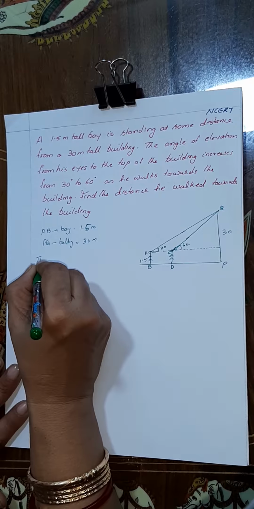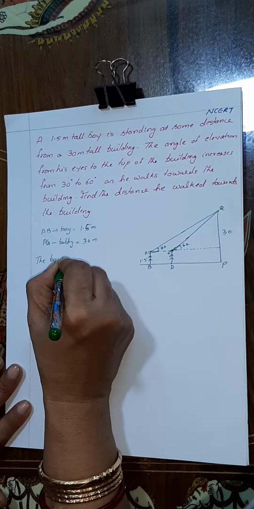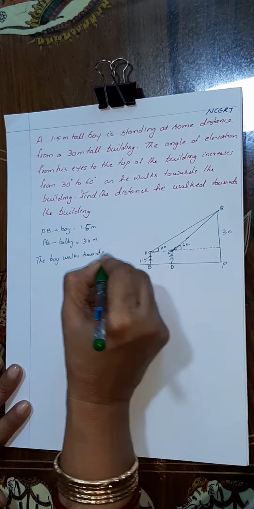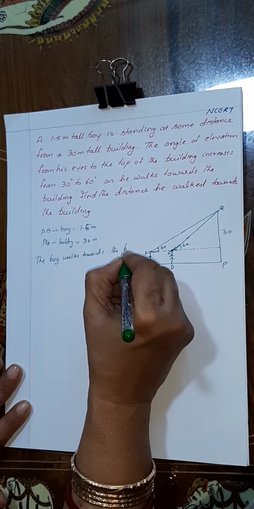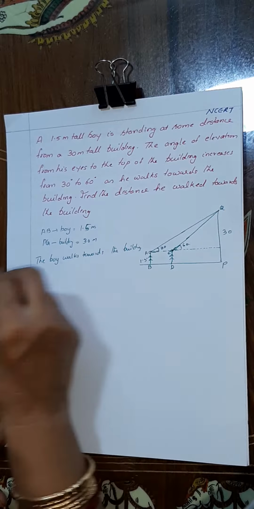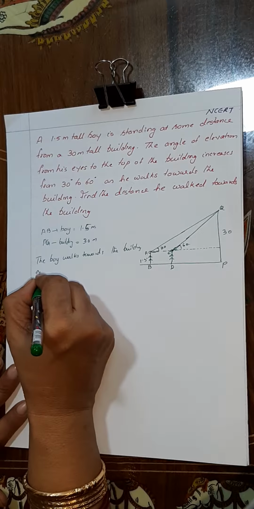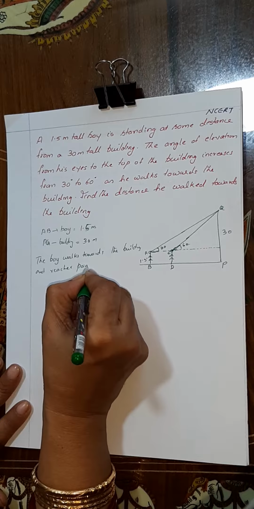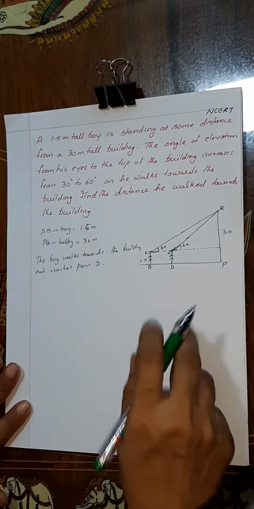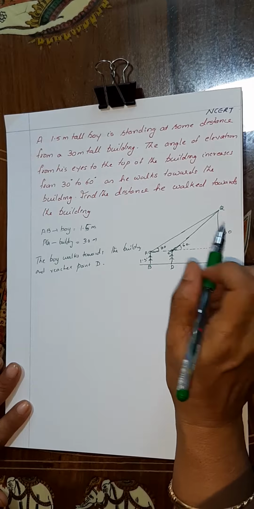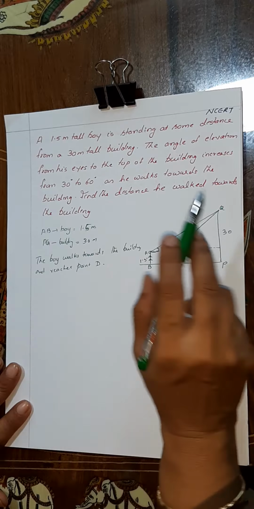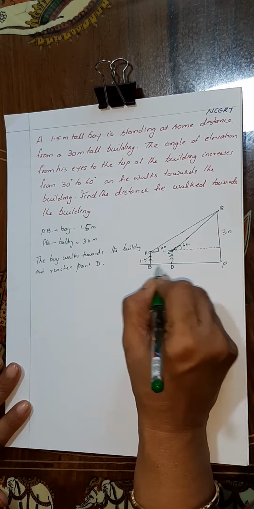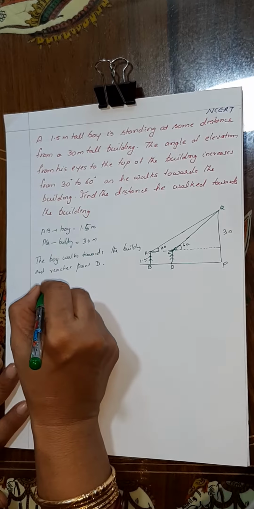The boy walks towards the building and reaches point D. Now this is 60. Find the distance he walked towards the building. Now we have to find from B to D he has walked. We have to find the distance BD.